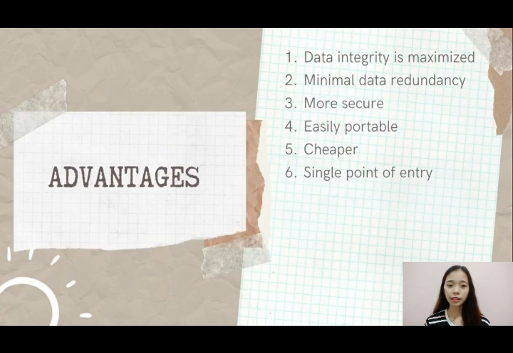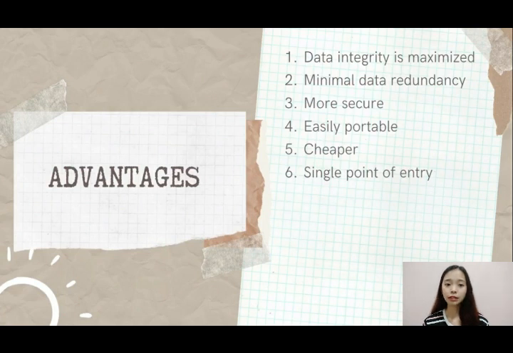Some advantages that can be obtained from using this approach are: number one, the data integrity is maximized as the whole database is stored at a single physical location. This means that it is easier to coordinate the data and it is as accurate and consistent as possible. Number two, the data redundancy is minimal in a centralized database. All the data is stored together and not scattered across different locations, so it is easier to make sure that there is no redundant data available.